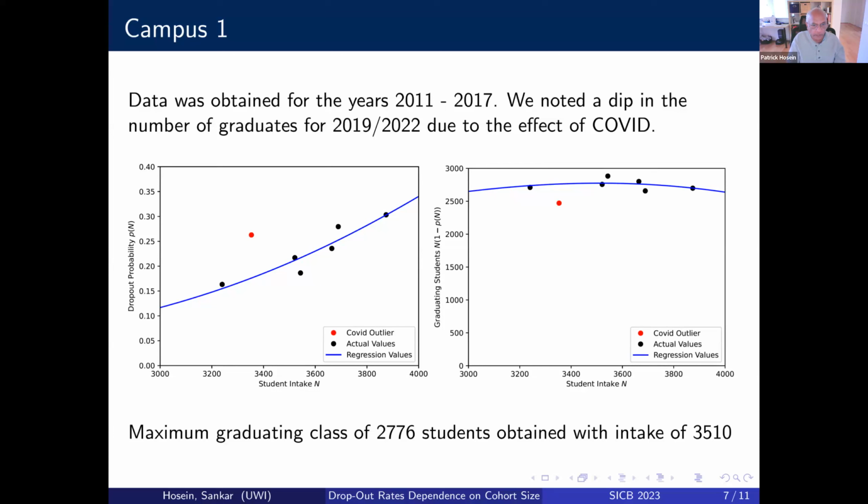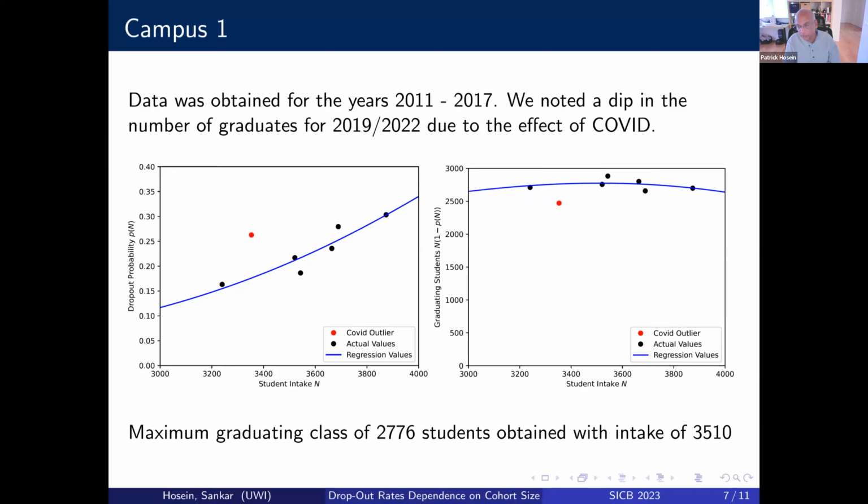So on the left, we have dropout probability as a function of intake, and we do see this nonlinear effect. We did have an outlier, which, when we looked into more detail, was because of COVID. And we see this on the right-hand side. If you look at the case of graduated students as a function of intake, we see a sudden drop for red, and it turns out that year happens to be the COVID year.